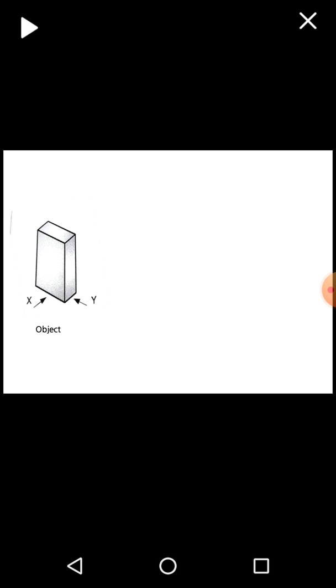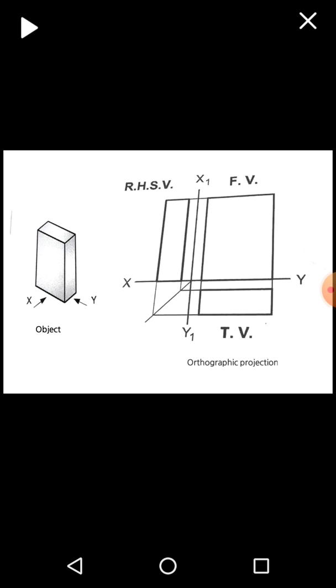As we have to draw the right hand side view, we draw it on the left hand side of the front view. So its orthographic projection will be like this. Front view, below the front view we'll have a top view, then we'll draw a 45-degree inclined line, and on the left side of the front view we'll have a right hand side view.